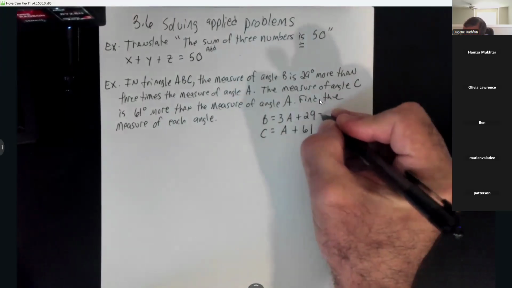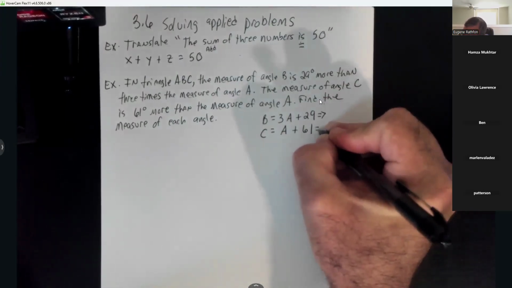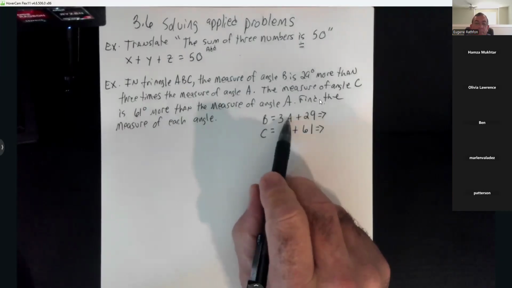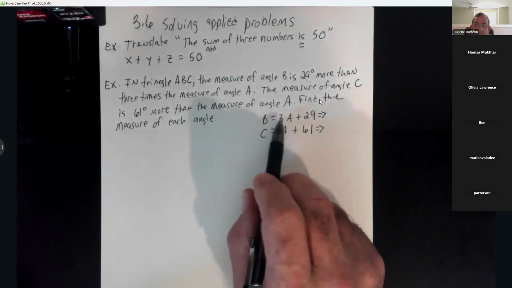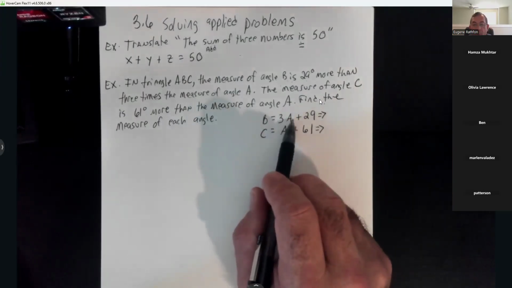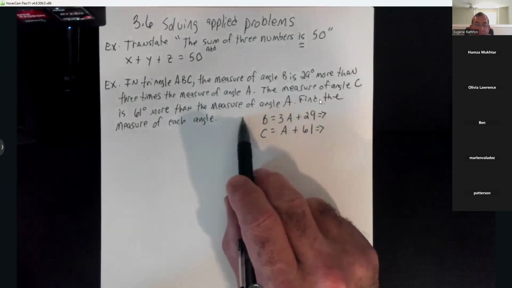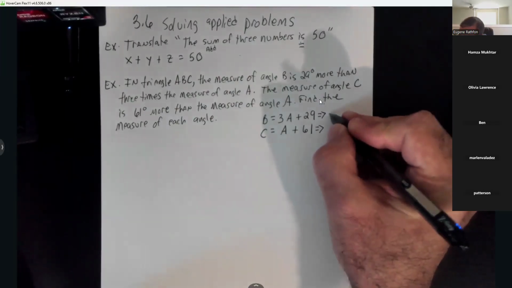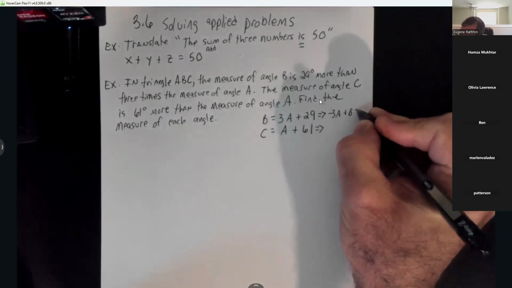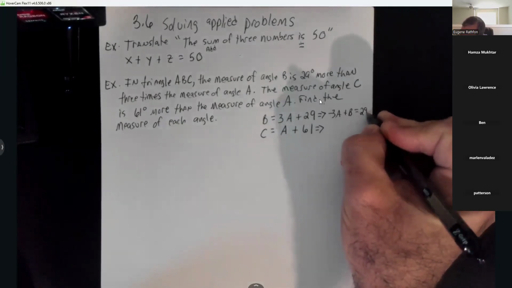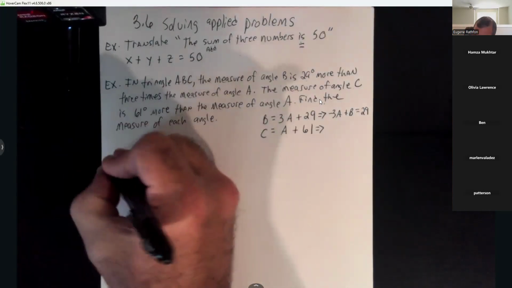So this equation, to move something from one side to the other, you change the sign of it. So if this 3A is positive on the right side, it'll be negative on the left side. So that'll be a negative 3A plus a B equals 29. That's my first equation.